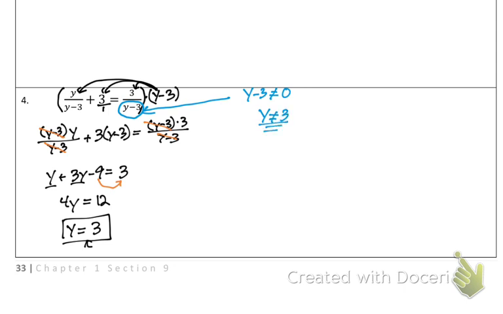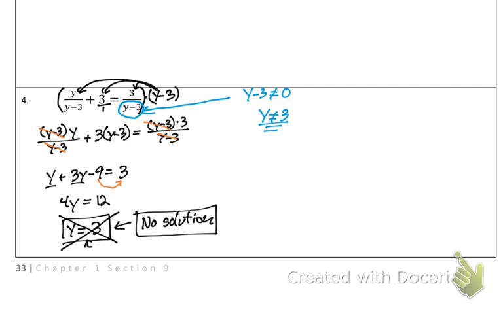If you ever come up with y equaling 3, that's an extraneous solution. I can't plug it into the original equation because that would make the denominator 0. So although we came up with an answer of y equals 3, we'd have to be smart enough to know that that's an extraneous solution, and because that was the only possible answer and it doesn't work, there's actually no solution to this problem. So we're going to put no solution.